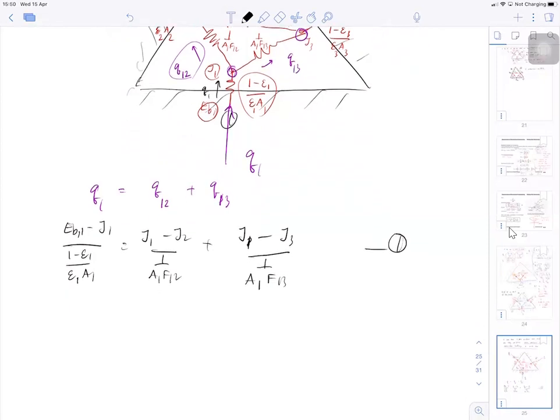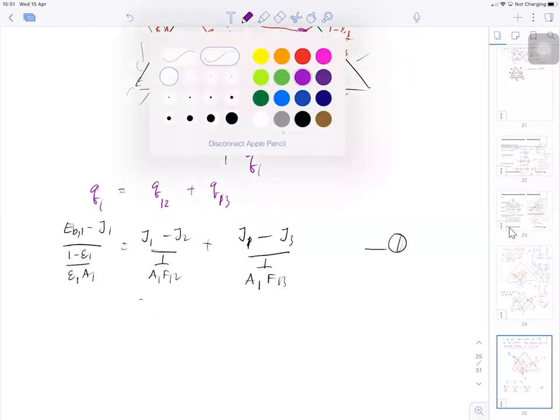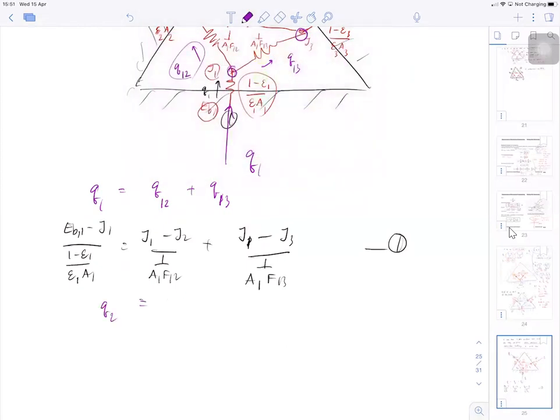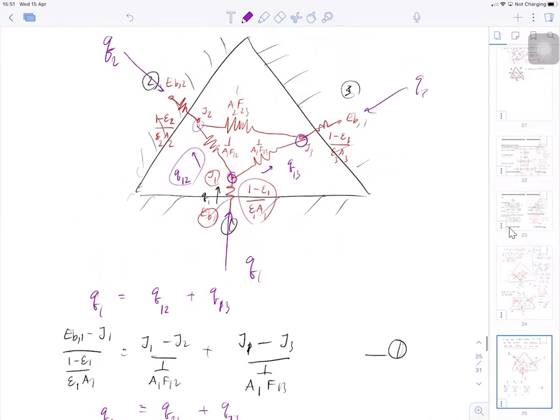Okay, and then I do the same for Q2. How about Q2? Q2 is going to be equal to Q21 plus Q23, right?